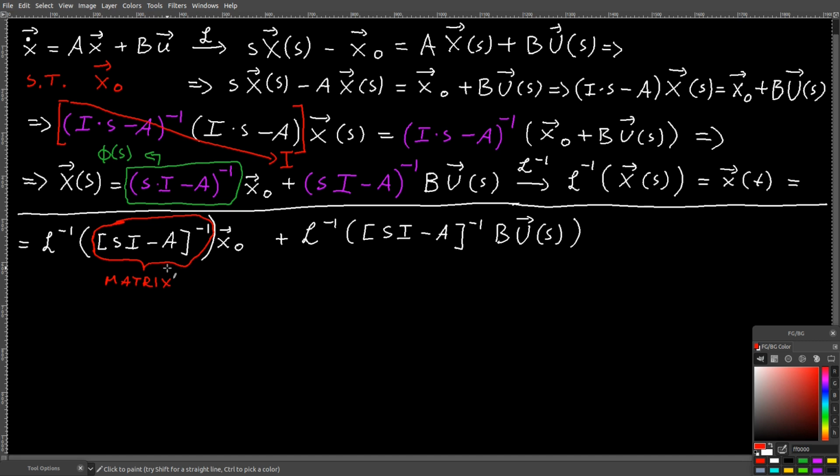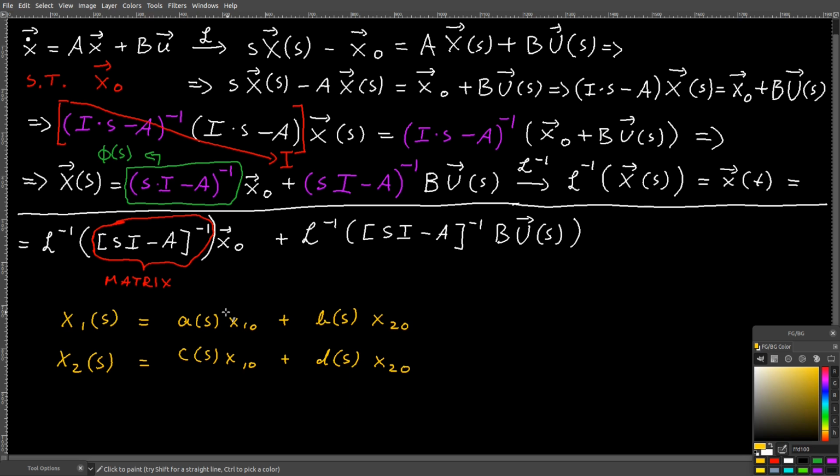And it's easy to see that. Let's just take this random system. If I take Laplace inverse of X1, then I will be taking the Laplace inverse of this entire thing, which also means that I would be taking the Laplace inverse of each term, but since x10 and x20 are constants, I would be simply taking the Laplace inverse of a(s) and b(s).